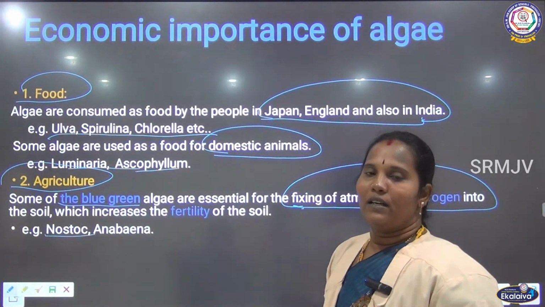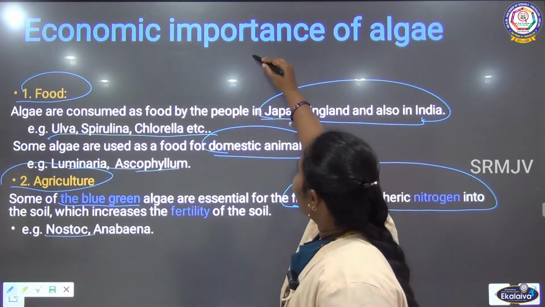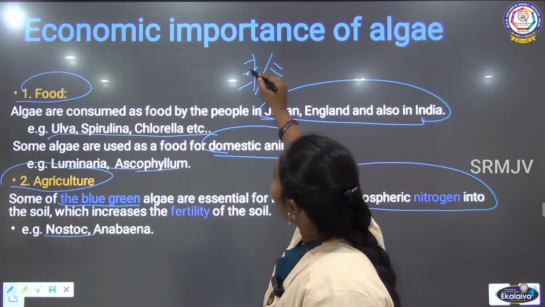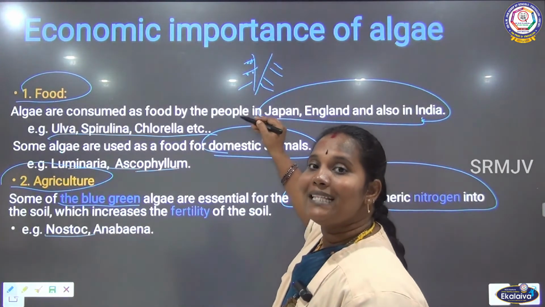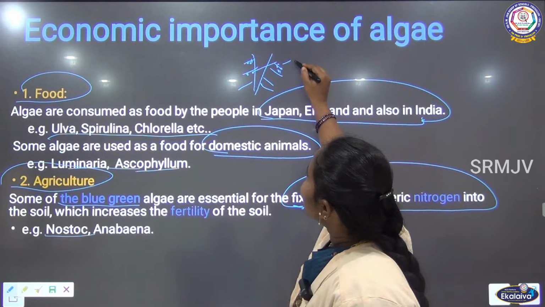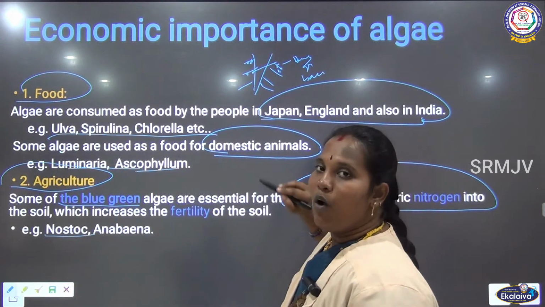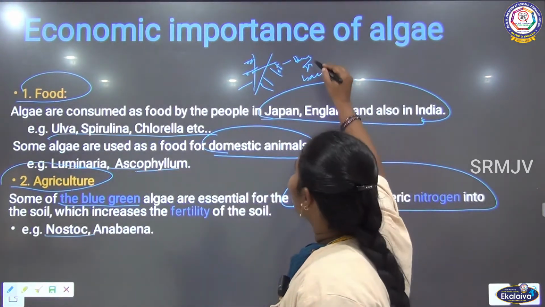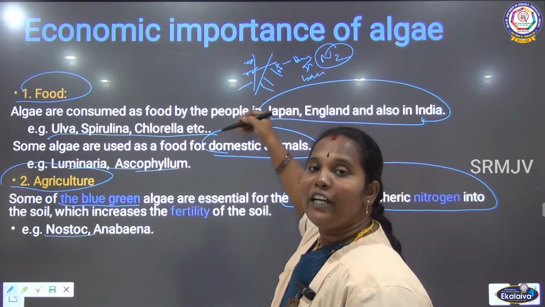Some legume plants have roots with root nodules. Blue-green algae as well as bacteria can live in these root nodules. What they do is absorb atmospheric nitrogen and fix it into the soil.